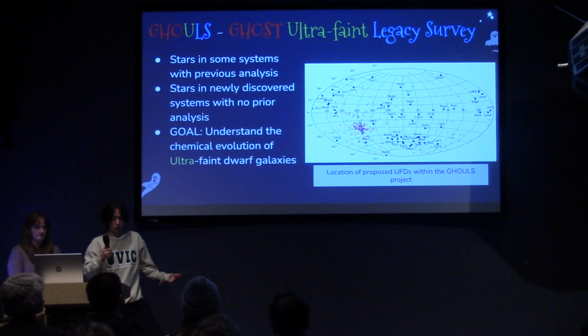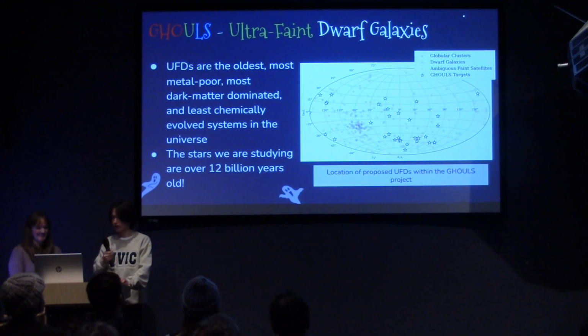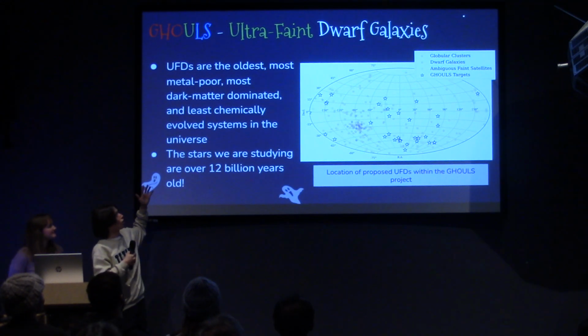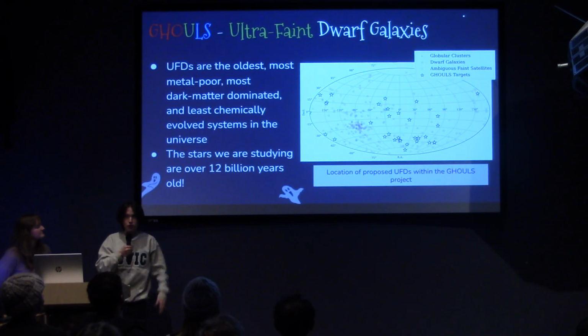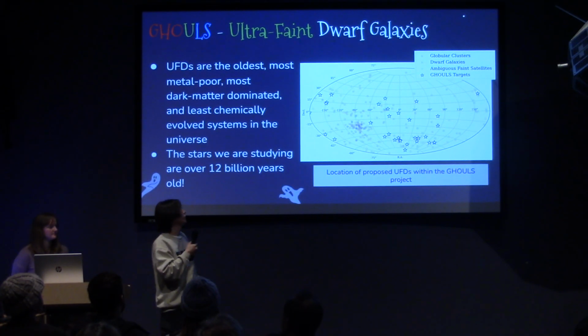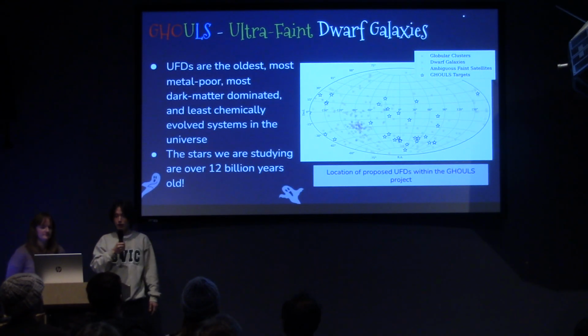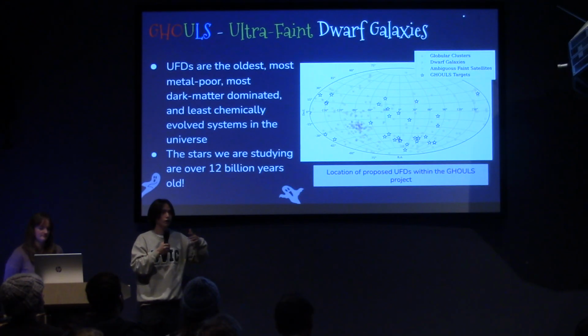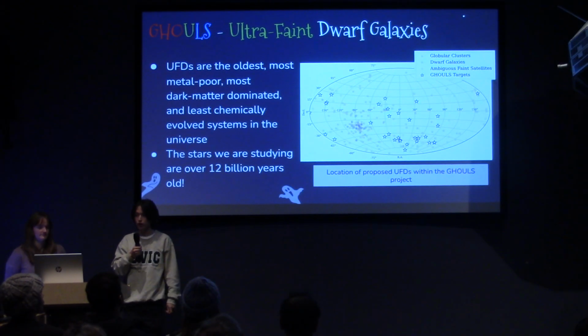But what are ultra-faint dwarf galaxies? It's a good question. Ultra-faint dwarf galaxies are the oldest, most metal-poor, and most dark matter-dominated systems in the entire universe. As a result, they are some of the least chemically evolved systems in the universe.